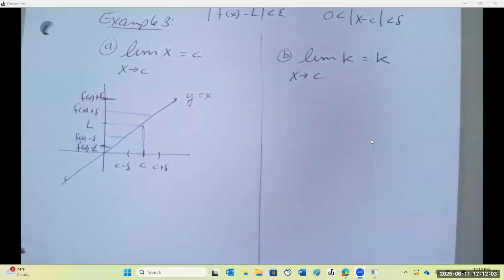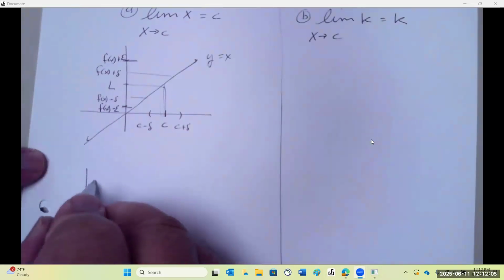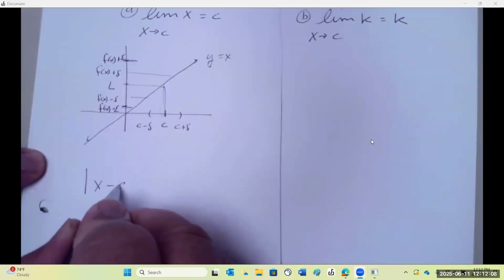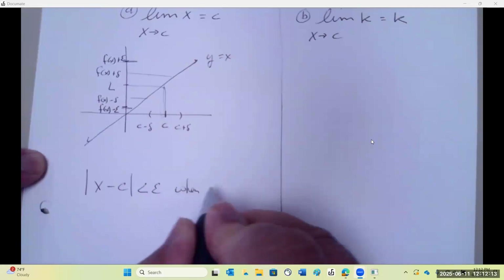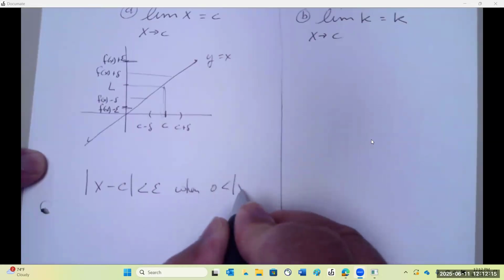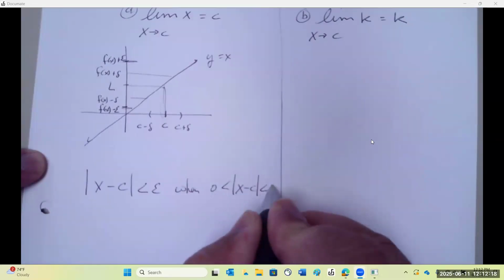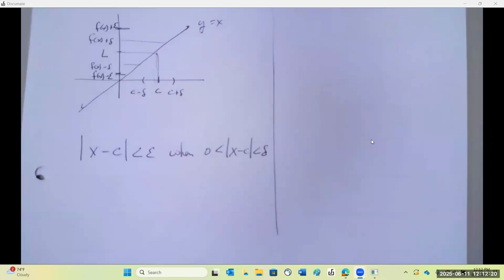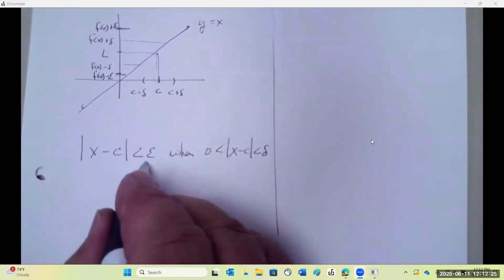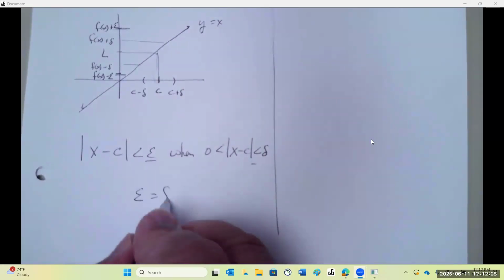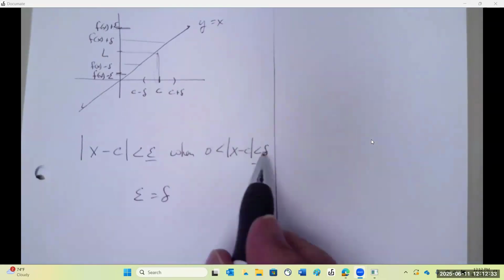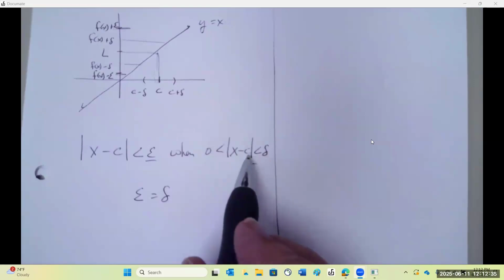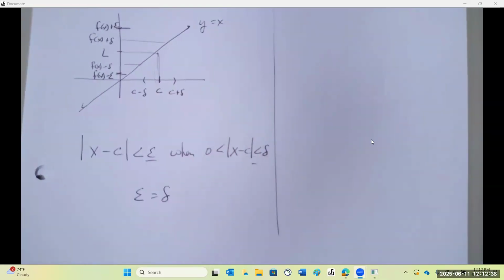This is what it's telling us. So we have |x − c| is less than epsilon when |x − c| is less than delta. So what's the relationship there? Epsilon equals delta. So however close we get to our c value, we get that close to our limit value.